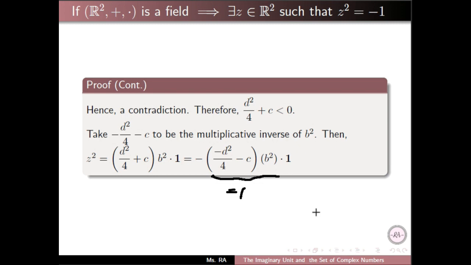Okay? Because that is the definition of a multiplicative inverse. If you have a number multiplied by its multiplicative inverse, it will give us the multiplicative identity, which is 1. Thus we have here minus 1, because we have a minus 1 here, and then we have 1 here, times 1, which is the vector 1, will give us minus 1. And that is how the construction for this z whose square is minus 1 could be done.